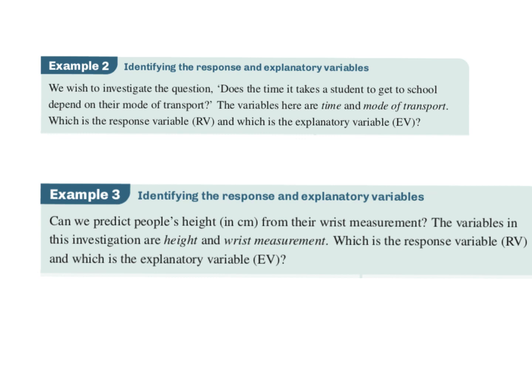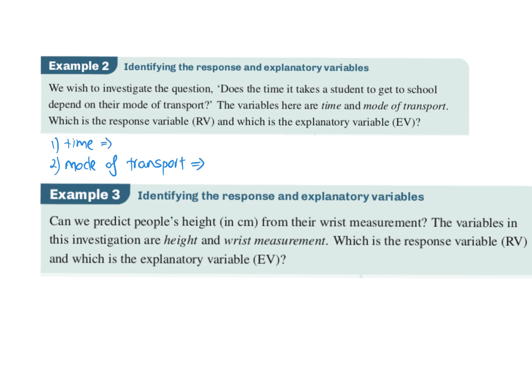We've got two variables because it's bivariate. Time is one of them and mode of transport is the second one. We have to work out what's the response variable and what's the explanatory variable.